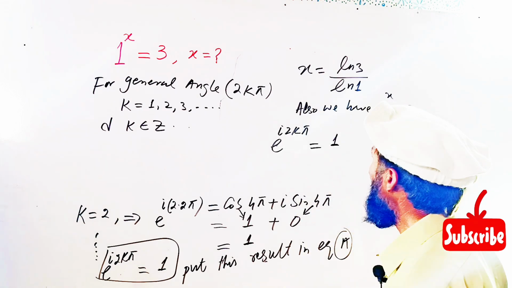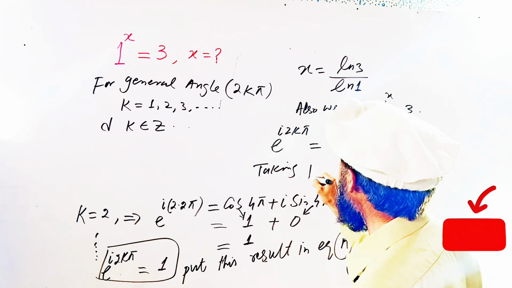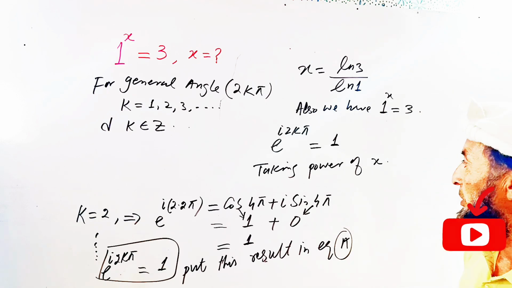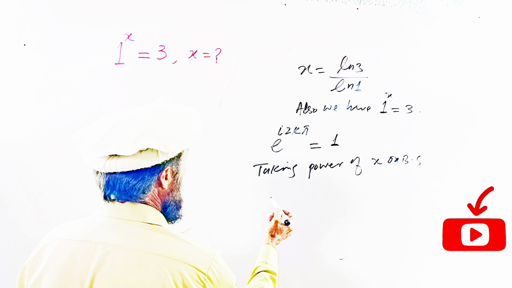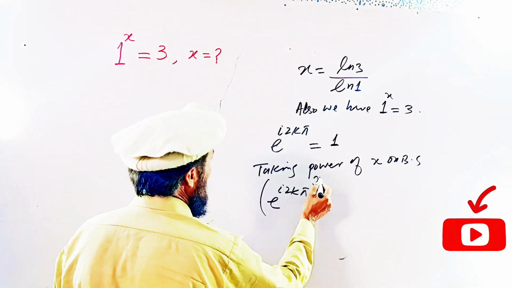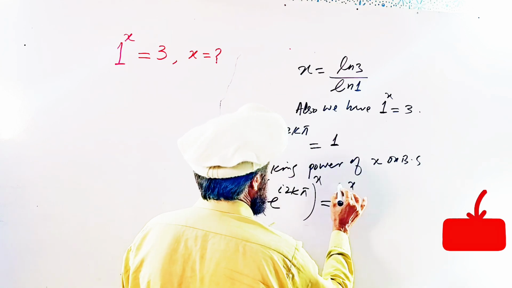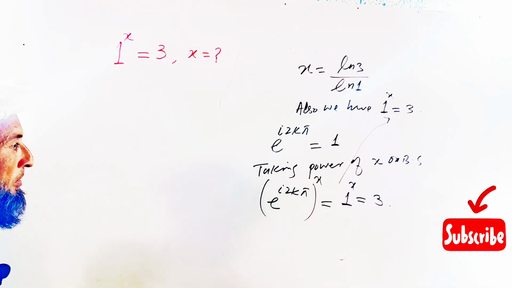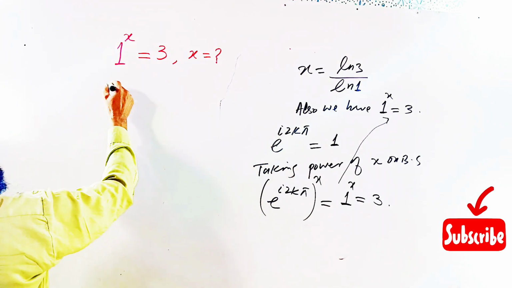Now taking power of x, because here power exponent of x is required on both sides of this equation. e^(i 2k pi) whole exponent of x is equal to 1 exponent of x, and 1 exponent of x is also equal to 3. Now we are taking natural logarithm on both sides.